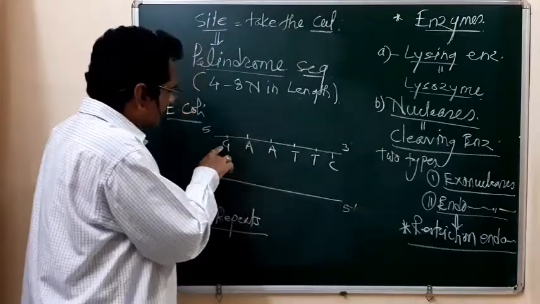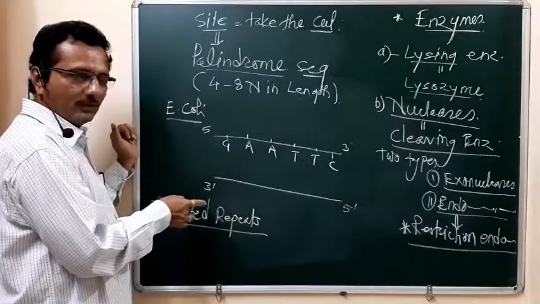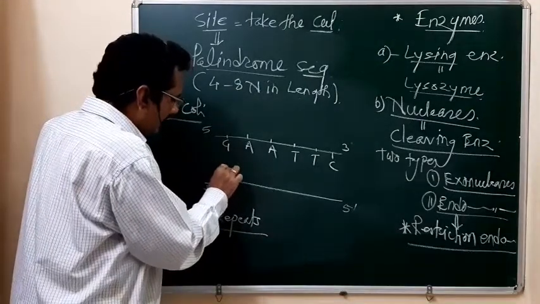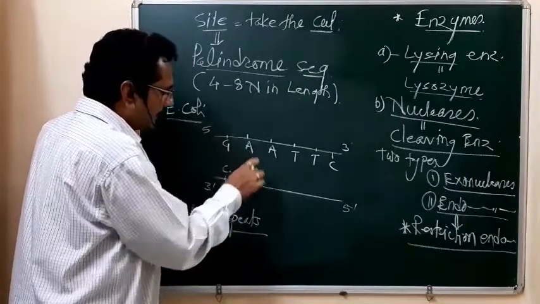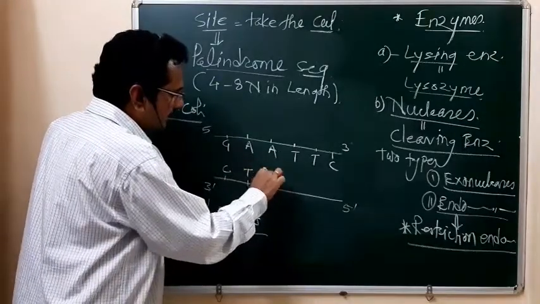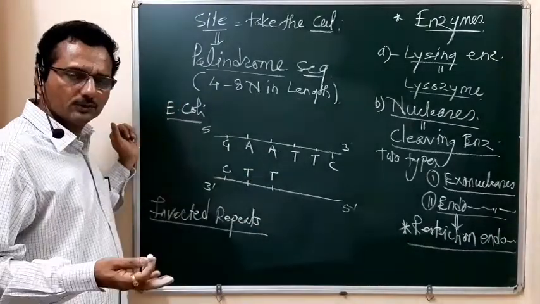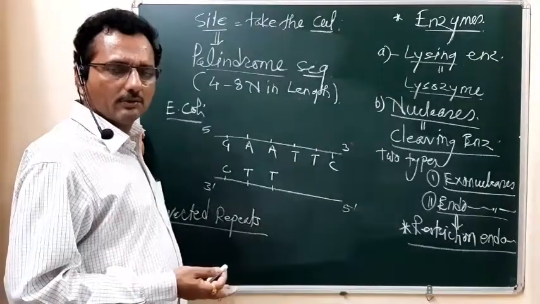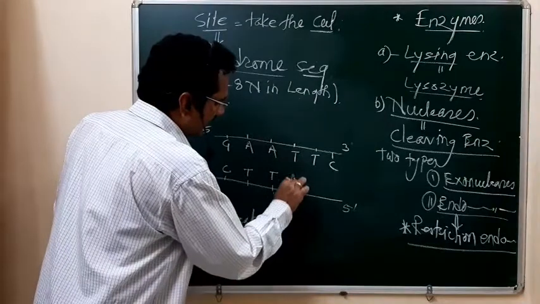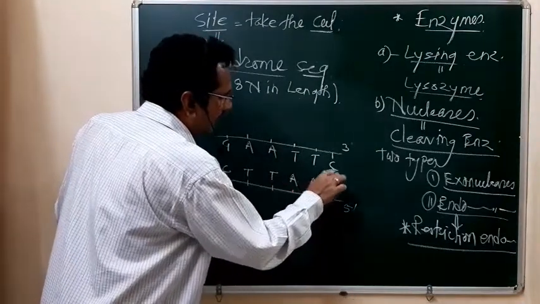Then what is the corresponding complementary sequence on the other strand? This is the guanine. Then what is the complementary nucleotide on the other strand? It shows the presence of this cytosine. Then here is adenine, it shows the presence of thymine. Then here is adenine, here it shows the presence of thymine, because you are aware of the Watson and Crick pairing. So this is the adenine, here it is adenine, and here is cytosine.